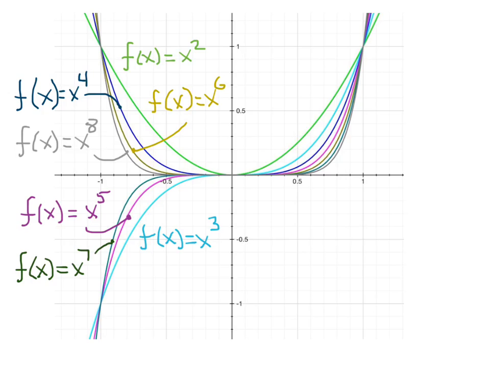You can imagine that if x is enormous, like maybe 100,000, we would get something that looks like a bucket. It would be very fast down to 0, and then up to 1, and very fast through 1 and up. So we get this general flattening.